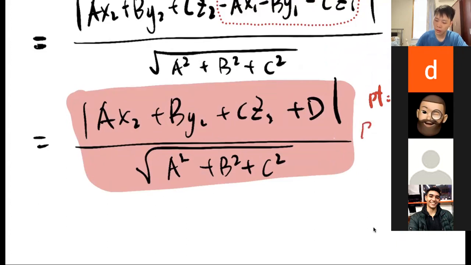The plane is x, y, z, such that it's governed by the equation ax plus by plus cz plus d equals 0. So the A, B, C, D are given, and x2, y2, z2 are given.